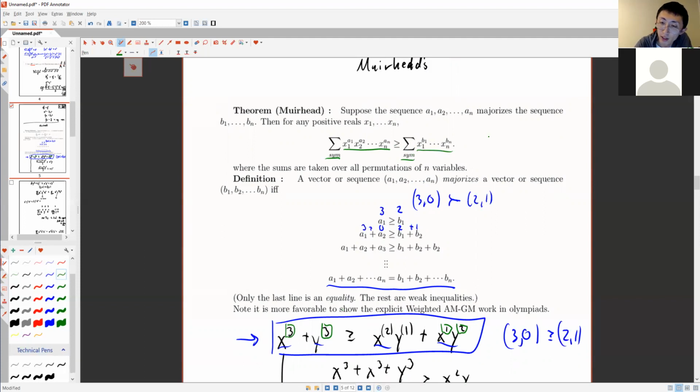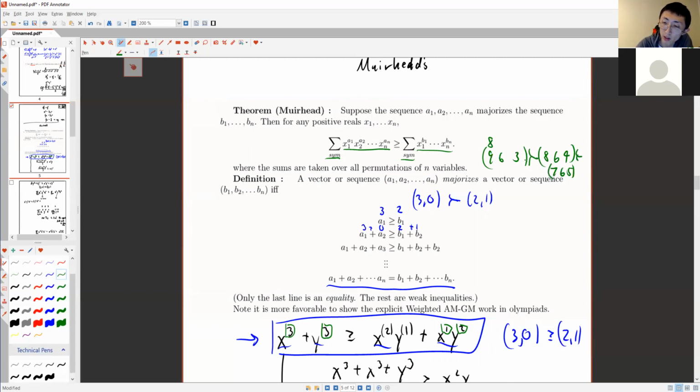For instance, let me see if I can make up a good one. Let's say 9, 6, 3, maybe better than 8. I want to make one with all distinct numbers, but it's kind of hard. So maybe 8, 4, 2 majorizes 7, 6, 5 or something.